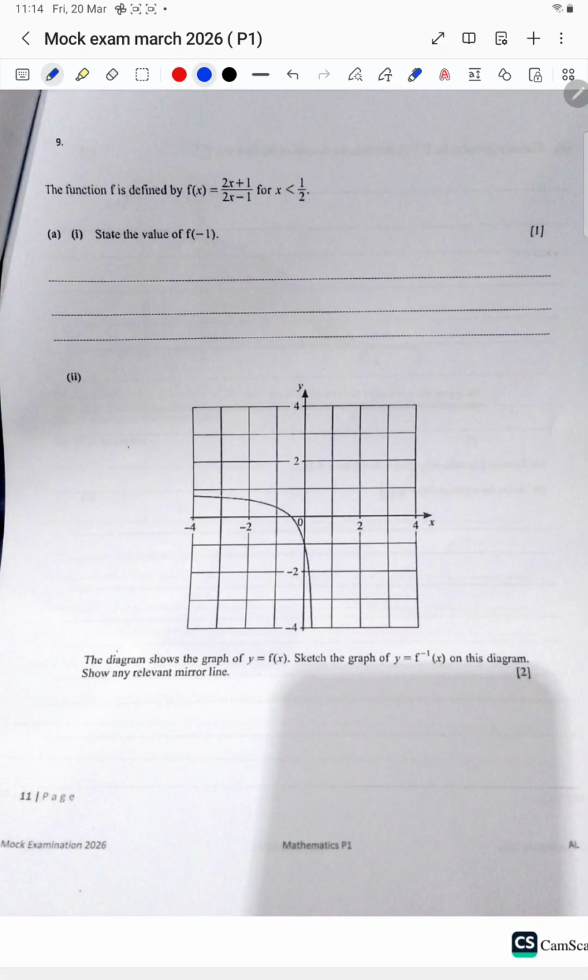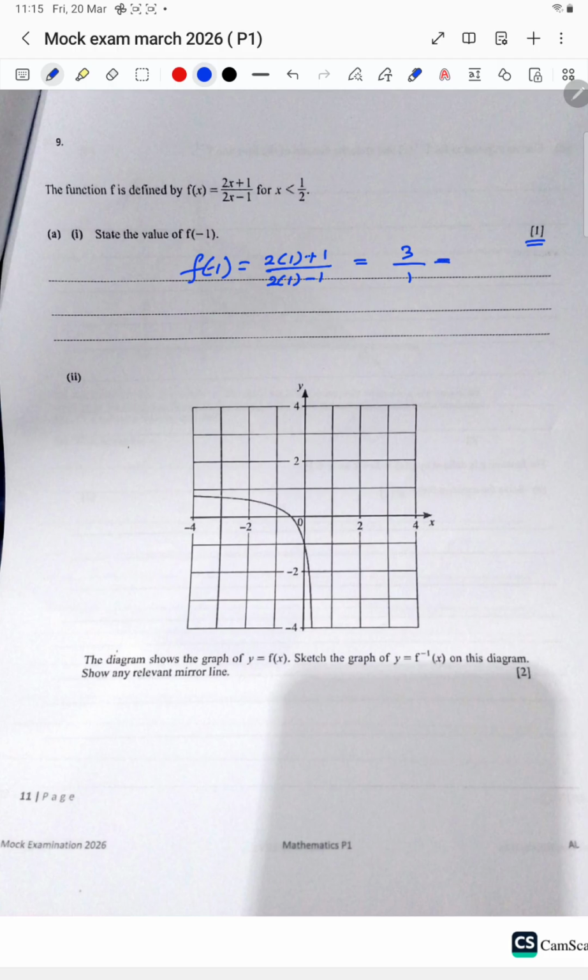Okay guys, here's another question. Number 9 says the function f is defined by this, where the domain is x less than 1 by 2. State the value of f of -1. It's very easy, 1 mark.